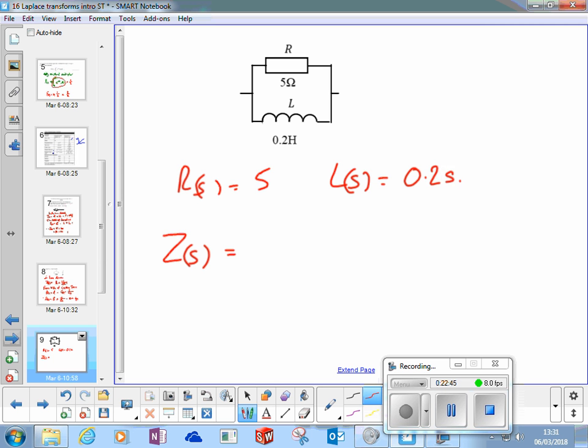Well, yeah, you're working out impedance. So what's the formula we use for two impedances in parallel? Product over sum. So we're looking at R times Ls over R plus Ls.